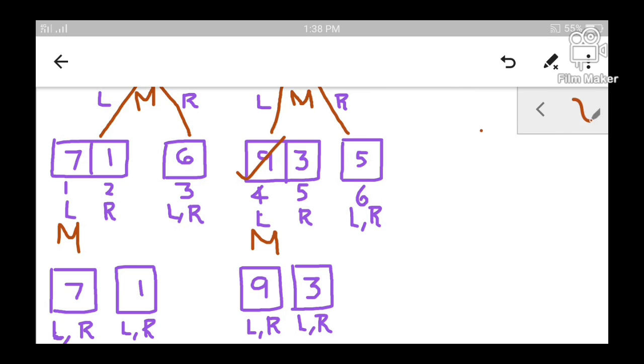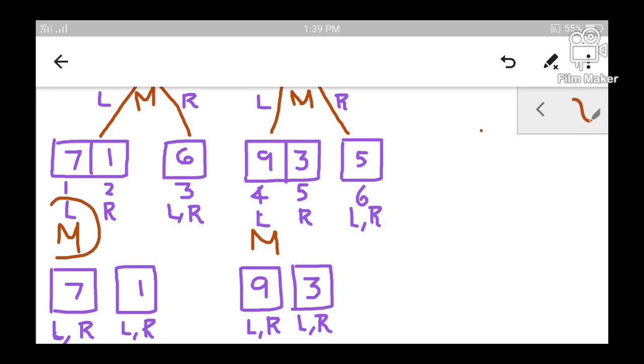So we have decided to split this array and this array. First, let us split this array. As I already told you, after computing the value of M, all elements ranging from L to M, that is from the left end to the mid position, should be moved to the left array.